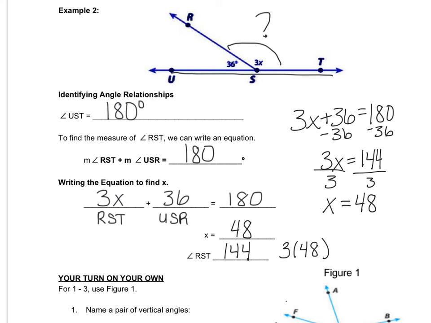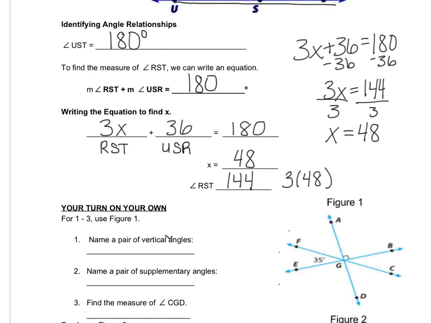So if we check our math, 3x is 144 degrees, so that is the measure of angle RST, 144 degrees. And if we check it, we should see that 144 plus 36 is equal to 180 degrees. Therefore, we have successfully solved for x and found the measure of RST.